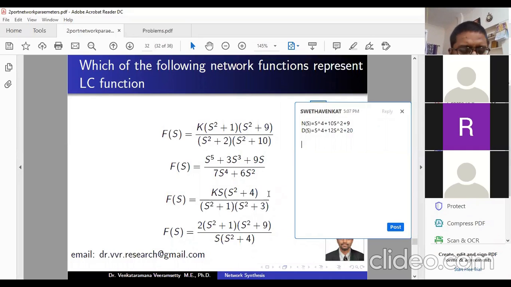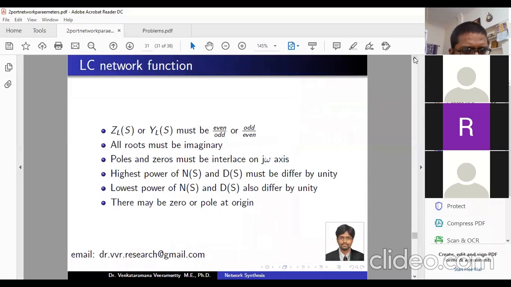Now, what about the second condition? All roots must be imaginary. So first we will check the conditions which we can do by inspection. Later we move to the calculations. Roots and poles are things that require some calculation.